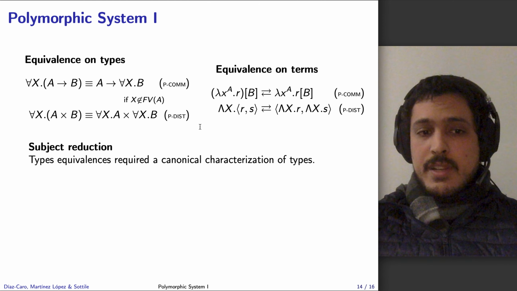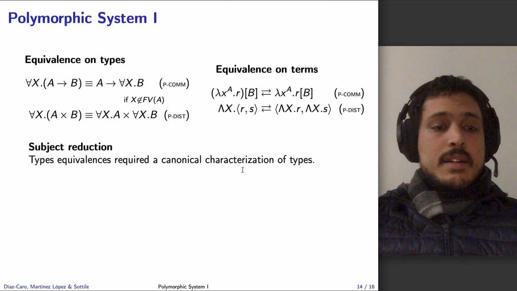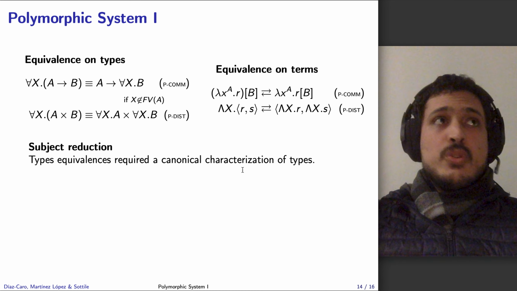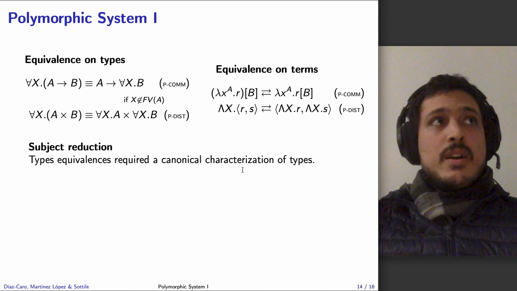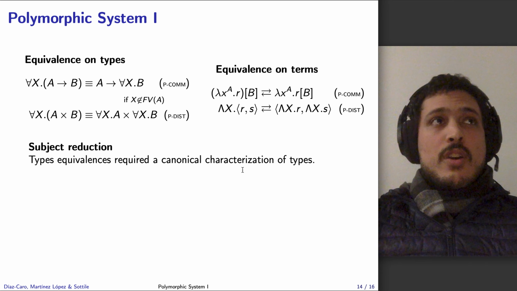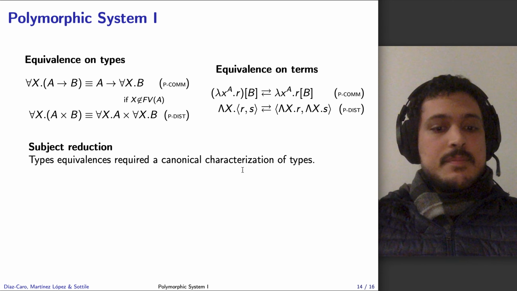But this is actually a congruent relation on types. And it required a canonical characterization of types to be able to see which were the forms of types that were actually equivalent.